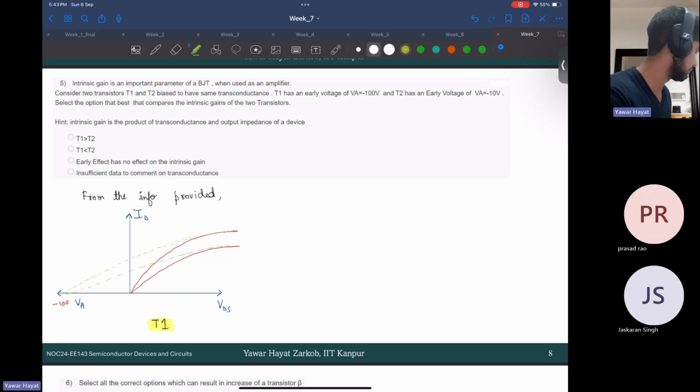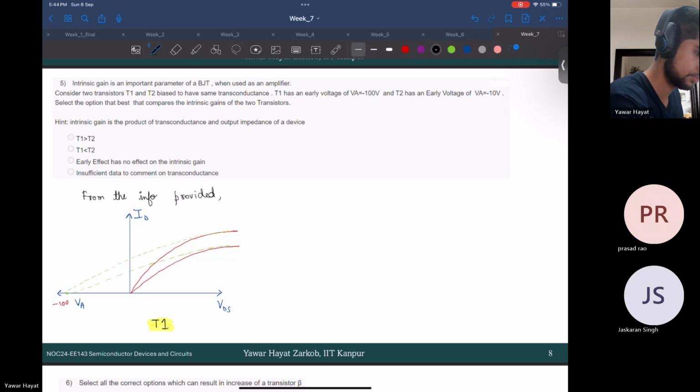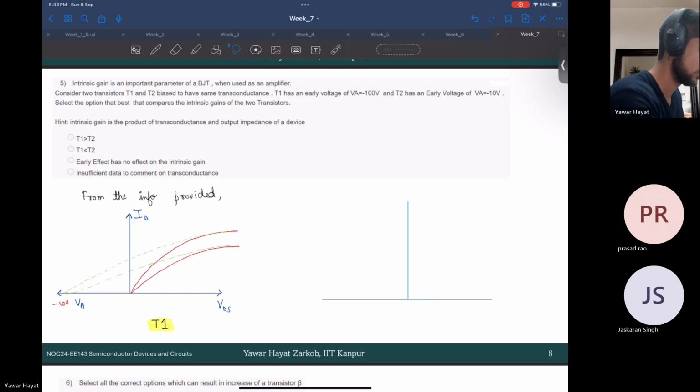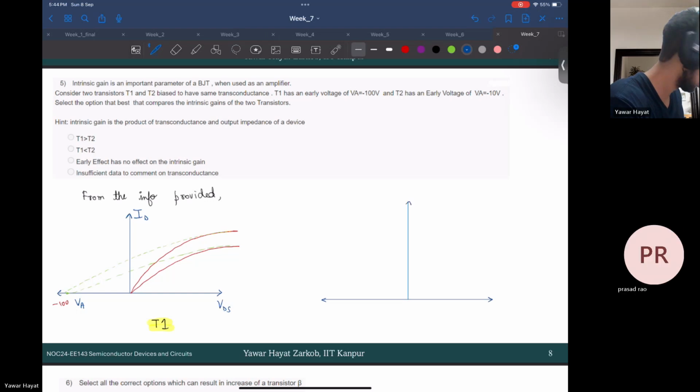Now what about this T2, right? ID, right?